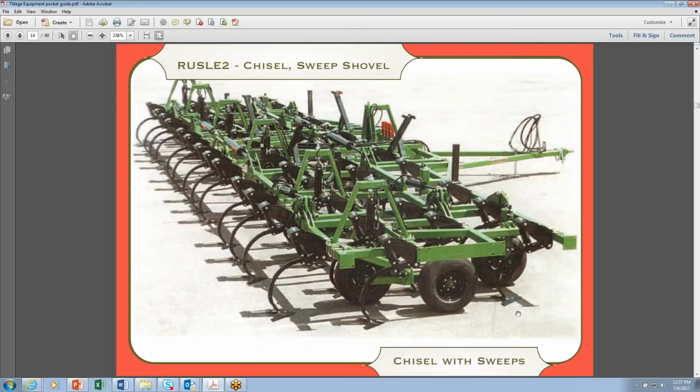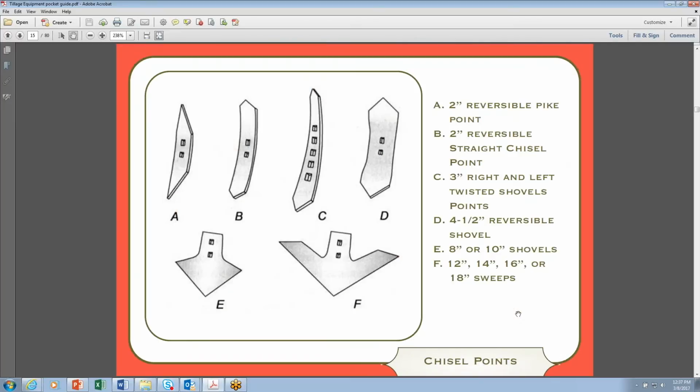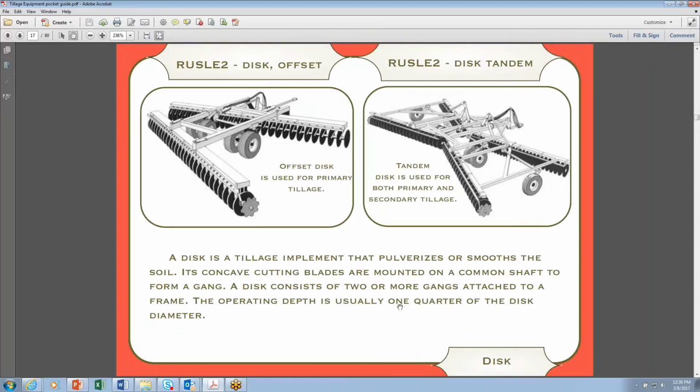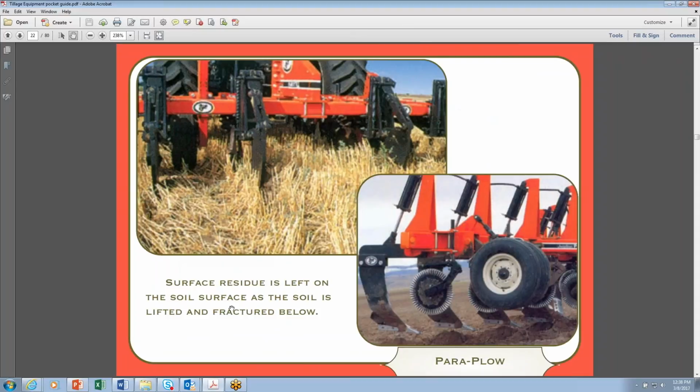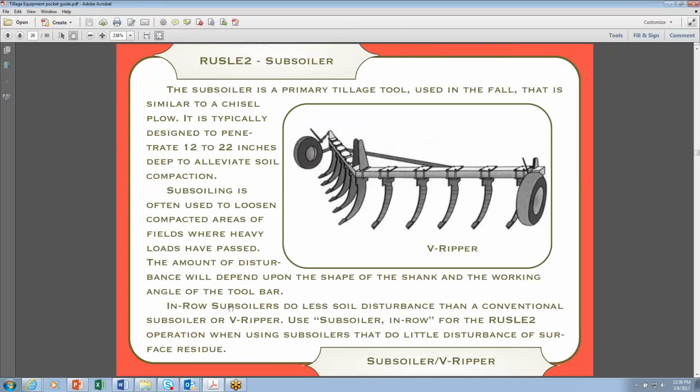This is really kind of essential to understanding how to run RUSLE. So you've got to know the different types of sweeps because they have a major difference in how they invert soil, how they disturb, whether it's the entire width, whether it's just how much inversion is happening and what fits with what.